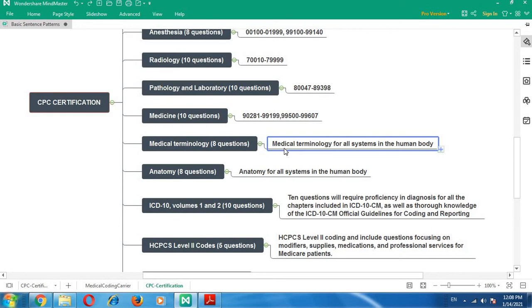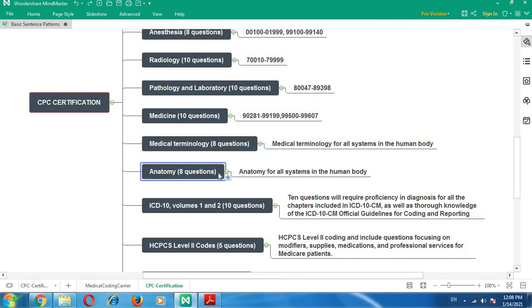For example, hepatomegaly is a medical term. Megaly means enlargement. Hepato means liver. So enlargement of the liver is hepatomegaly. These kinds of terms are included in this section. So 8 marks are allotted for this section, and this is a very easy section.